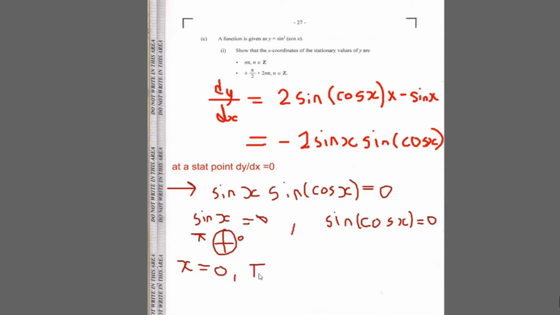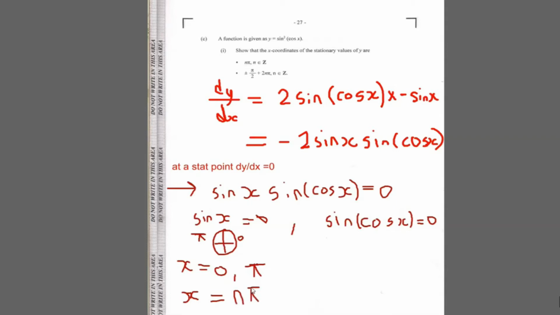That's what I'm getting. All right, x is equal to 0, or x is equal to pi. But you can just multiply it by n. So really and truly, x is equal to pi n. So we show this part is correct. So x is equal to n pi in reality.